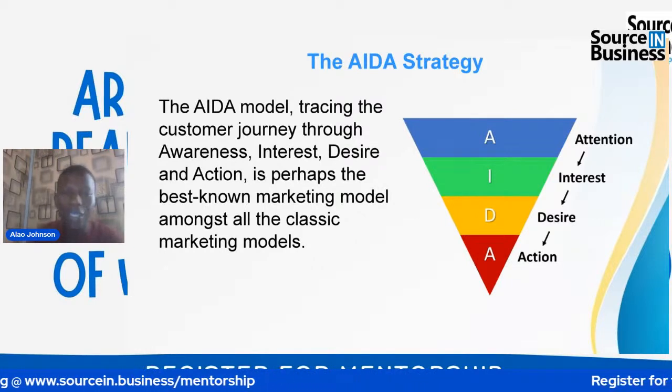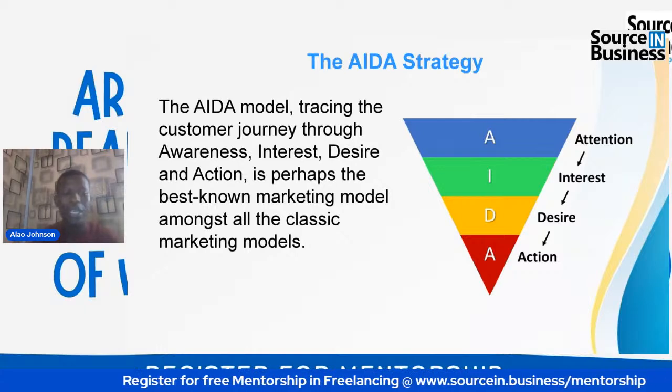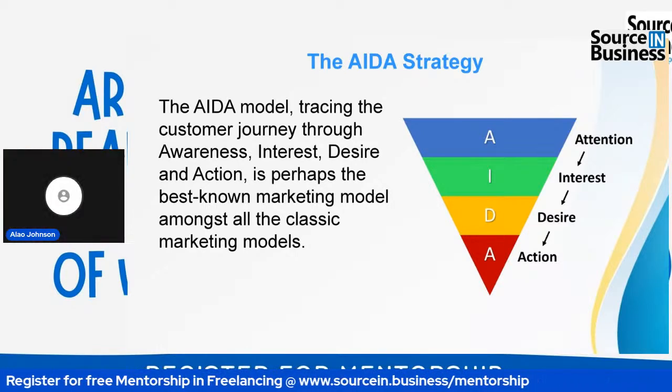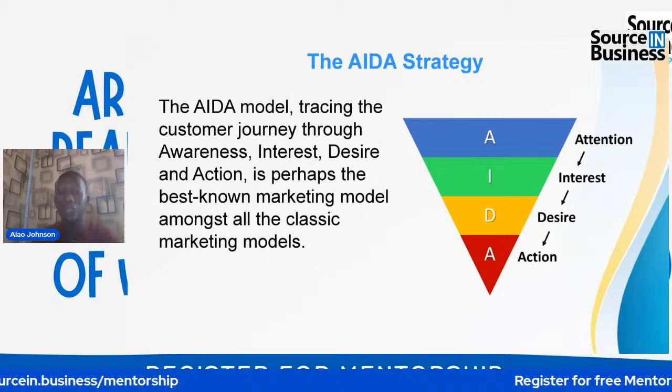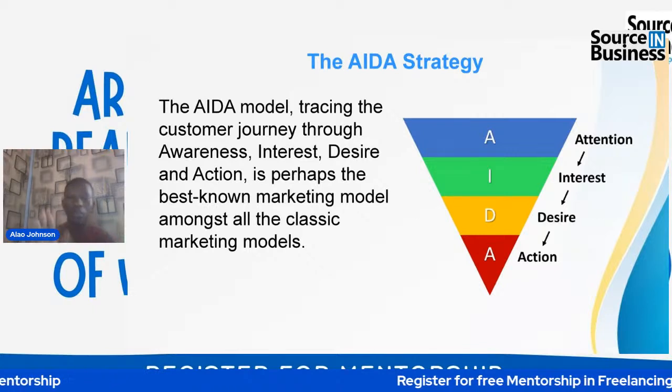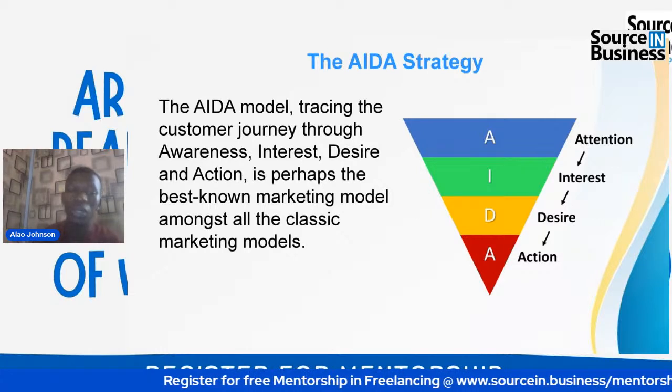So the A stands for attention, the I stands for interest, the D stands for desire, and the last A stands for action. All right. So I'm going to be explaining how this works, and how you can implement it in your marketing.